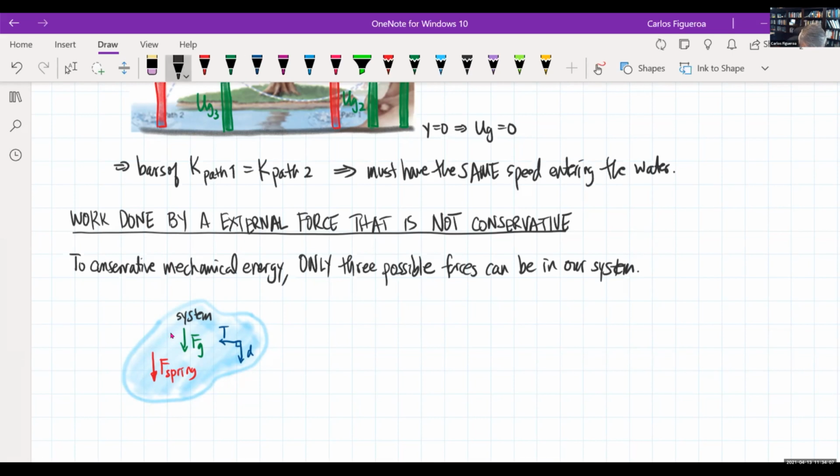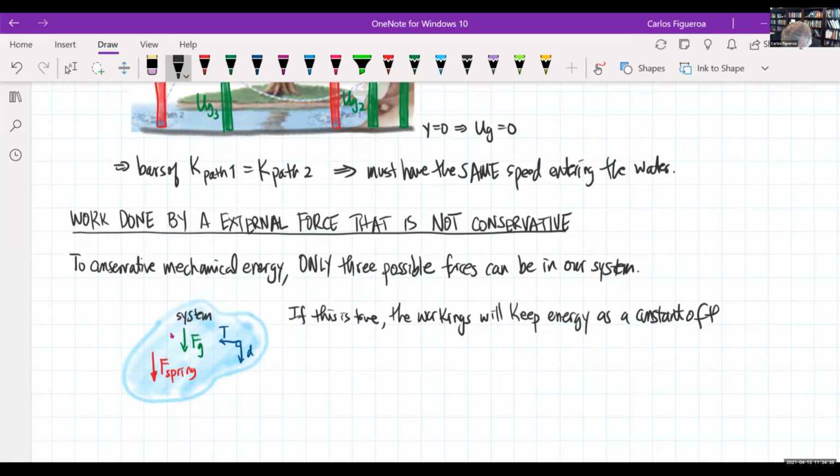If this is true, the work done will keep energy as a constant of the motion.